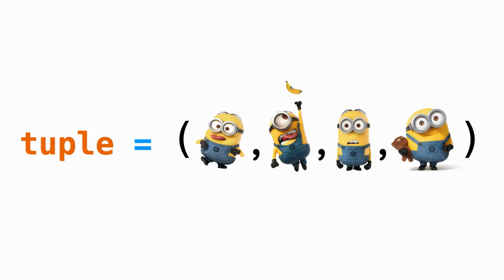So therefore, let's try to understand tuples in Python deeply, and let's see its application, use cases, and how they are different from the Python list we've discussed in the previous lecture.